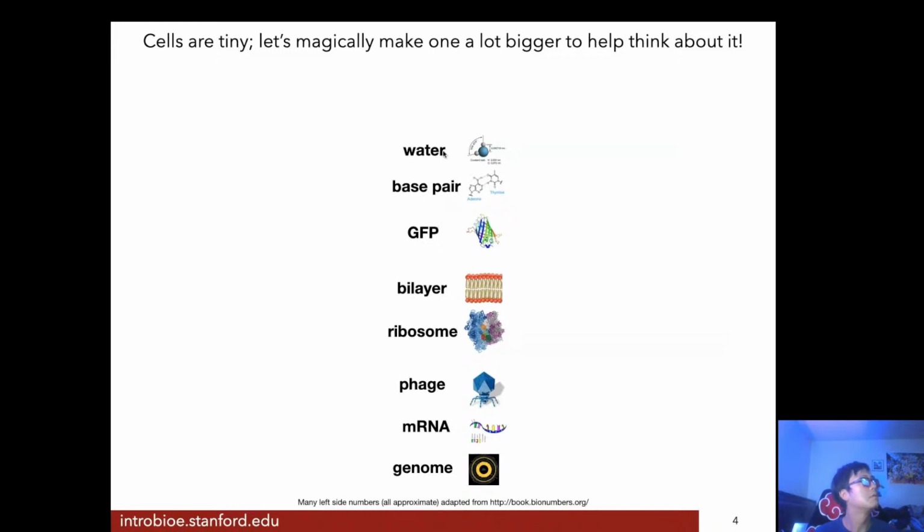So I've listed in the middle here different types of molecules or objects we can find in cells. A water molecule, two hydrogens and one oxygen, or a base pair of DNA, an A and a T base pairing in this case. GFP is a green fluorescent protein. Maybe our cell has a little protein that's green when you excite it with a wavelength of light.